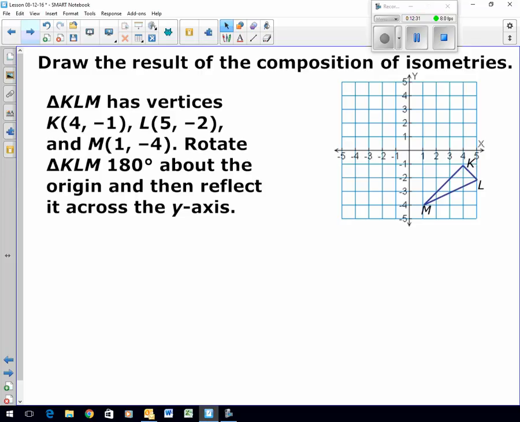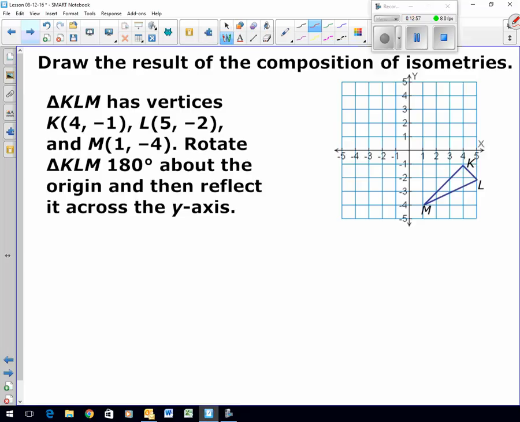Draw the result of the composition of isometry. Whenever I hear that word isometry, I need to think I'm going to have the exact same size and the exact same shape whenever I'm done. That's the rule of thumb. The triangle KLM has vertices at (4, -1), (5, -2), and (1, -4).